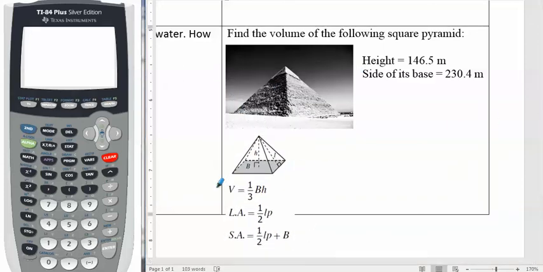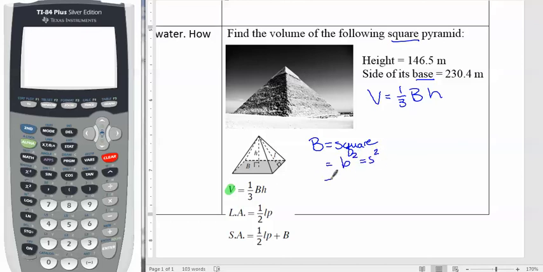Now the volume of a pyramid is 1/3 big B times H. So volume equals 1/3 big B times H. Well, in this case, what is big B? It's a square pyramid, so it is a square. And if I look, the side of its base, because square pyramid, it's base squared or side squared, I think is what your formula sheet actually says.